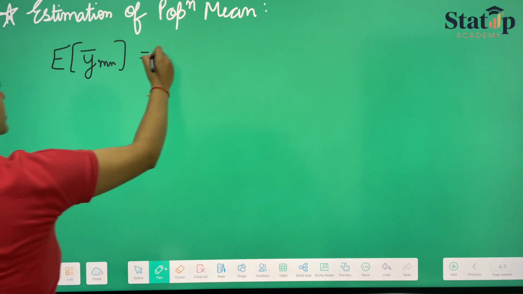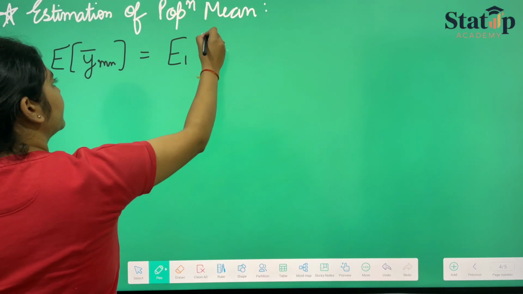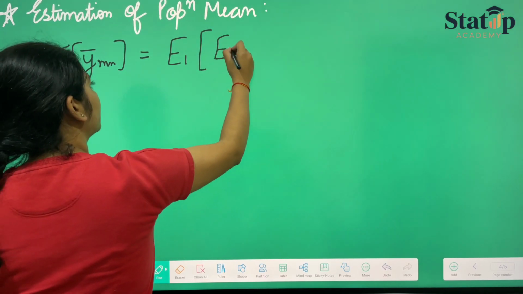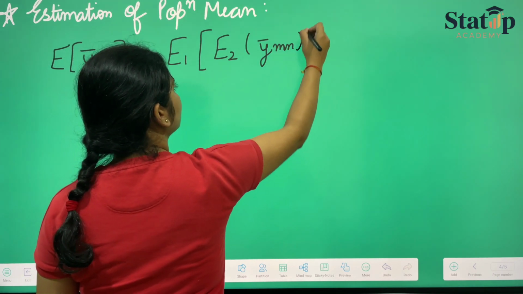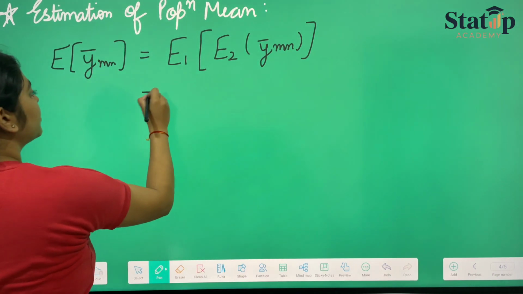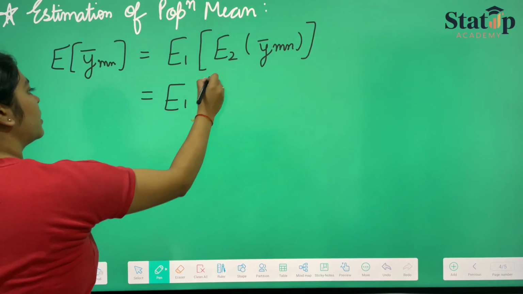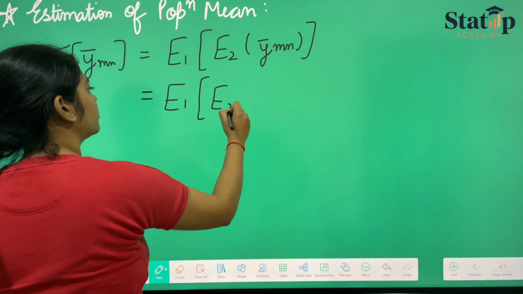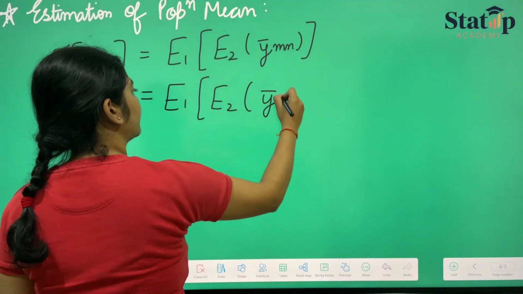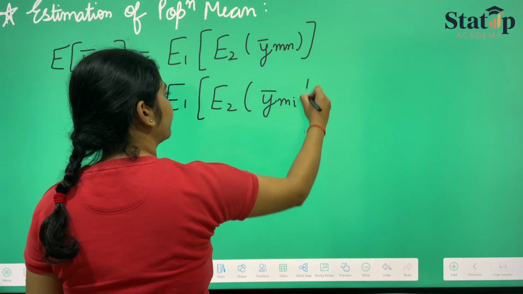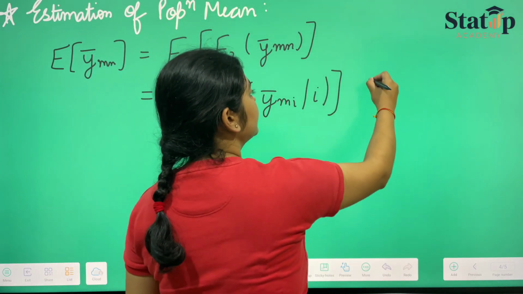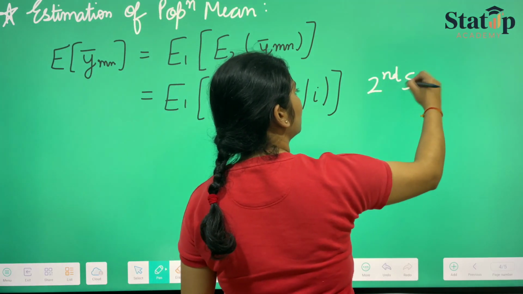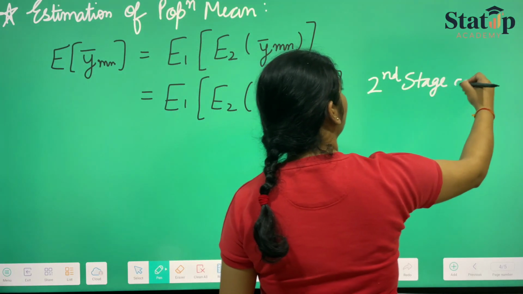This can be written as E1 into E2 of y bar mn by the formula. Now this can be written as E1 into E2 of y bar mn given i. Why are we writing this? Because our second stage depends on the first stage.